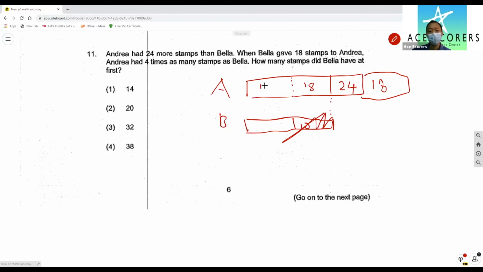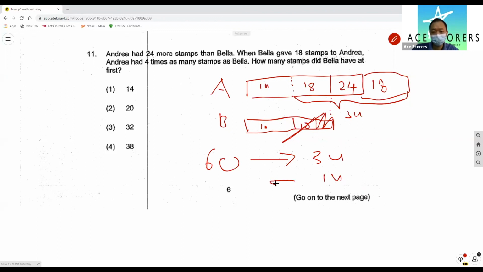Now this is 1 time. This is 1 time. So the remaining will be how many times? 3 times. 3 units. Yeah. So 18 plus 24 plus 18 is how many units? 36 plus 24, 60. So 60 represents 3 units. So 1 unit represents by 20.